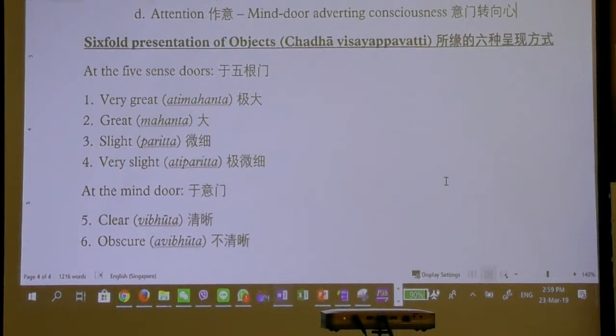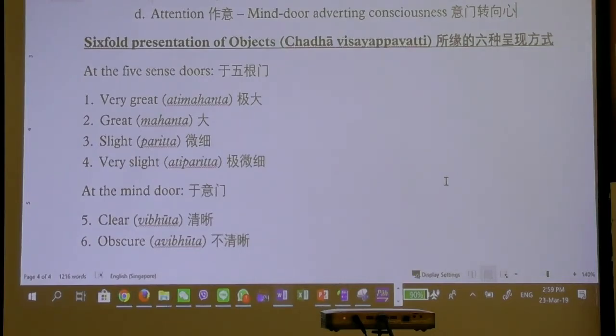But now, we are going to check the meaning of the object, not according to the size of the object, not according to the color, but according to our eye base, ear, nose, tongue, body.